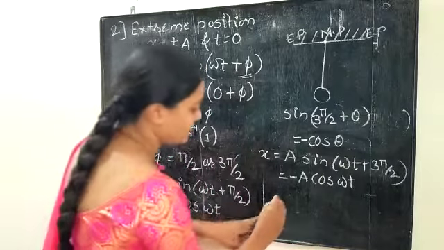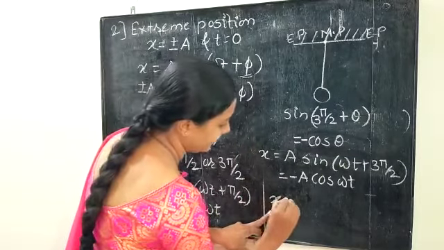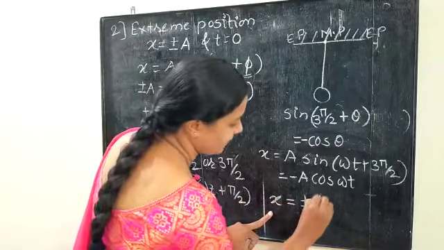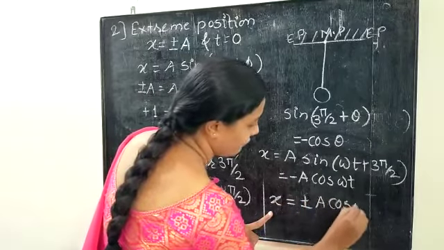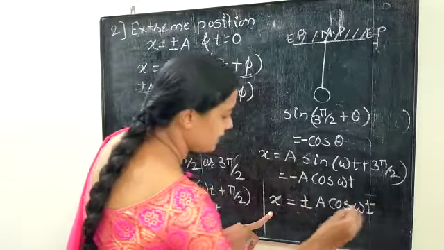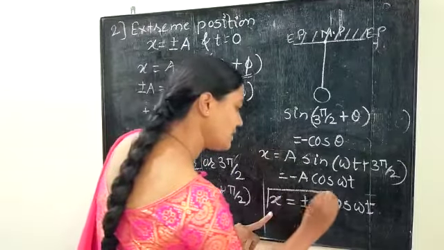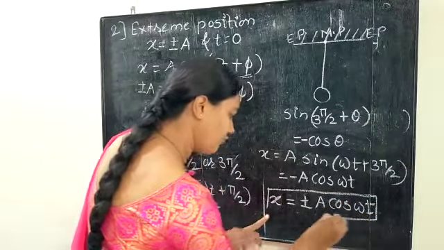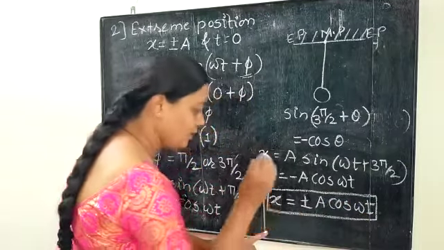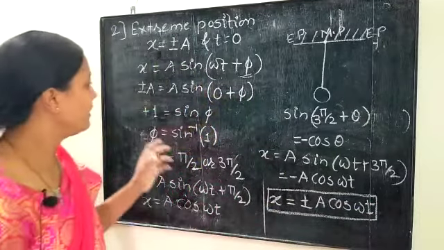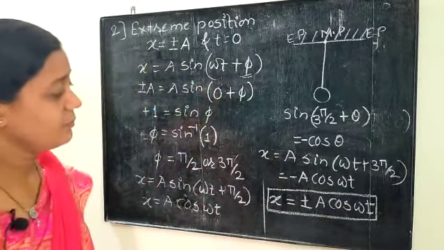So from these two equations we write in general x equals plus or minus a cos omega t. This is the expression for the displacement of a particle performing simple harmonic motion for the extreme position.